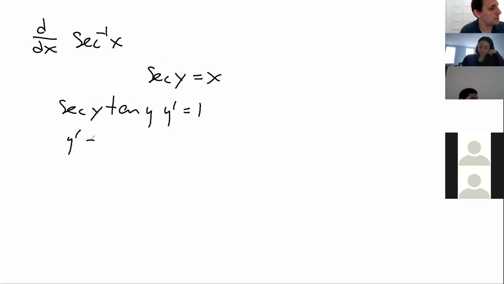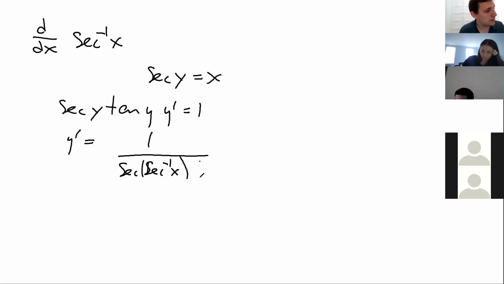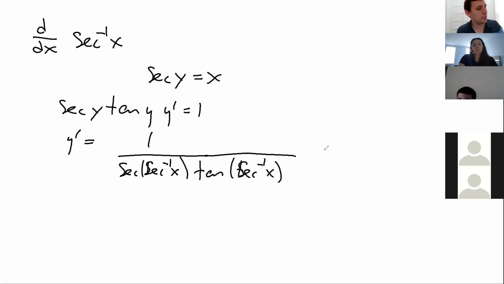So y prime is equal to 1 over secant of secant inverse x, tangent of secant inverse x. Yes, that's what we have here. Now we know secant of secant inverse x is simply x, right? So we have x tangent secant inverse x. Yes.